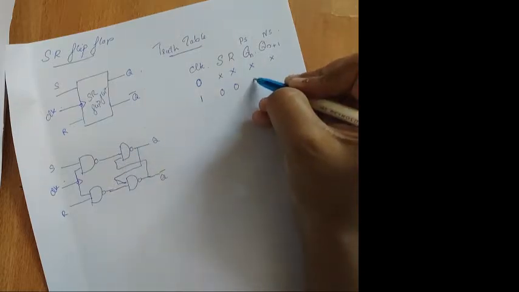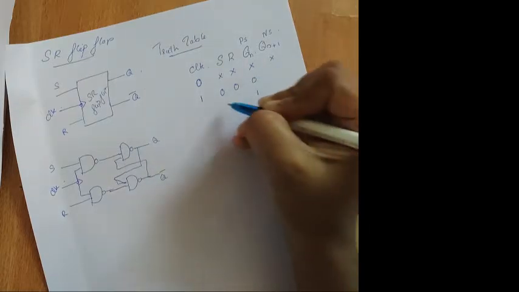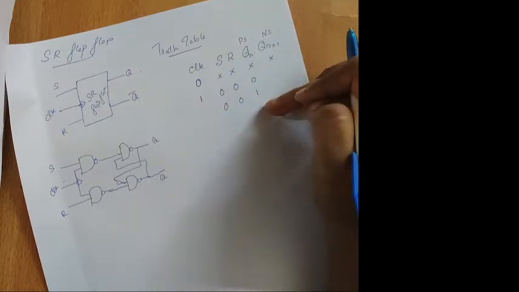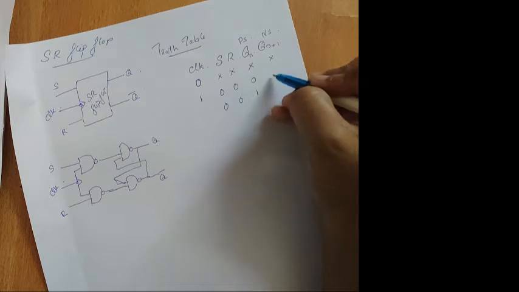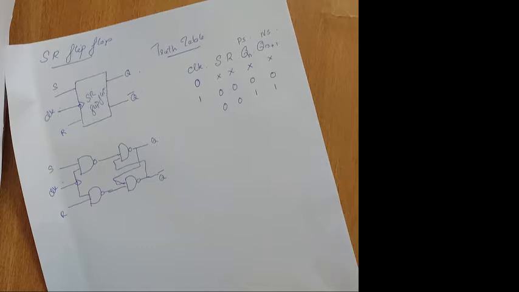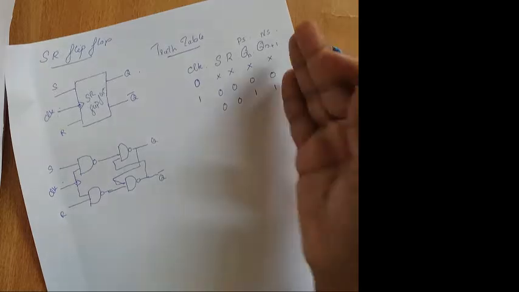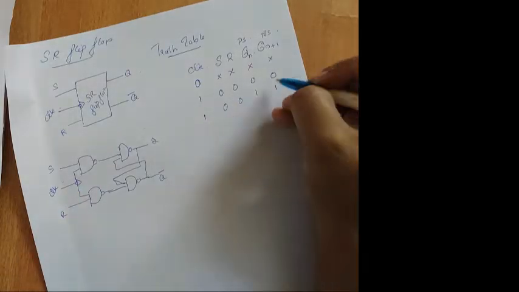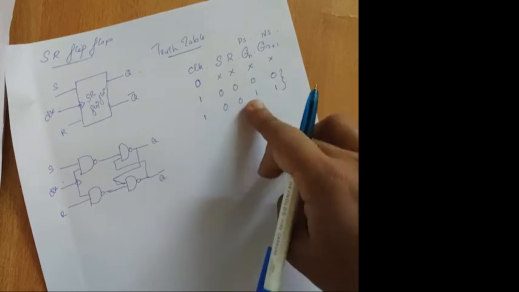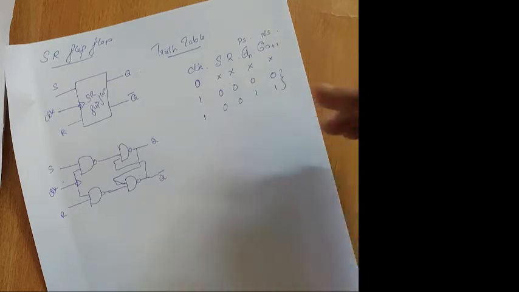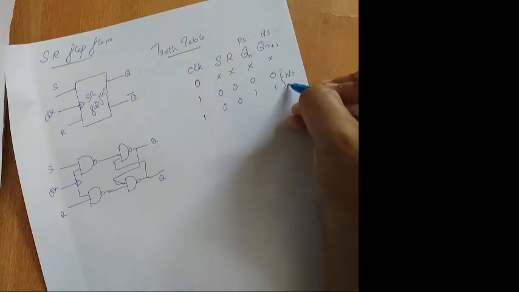The present state can be either 0 or 1. The output depends upon the present state, so it also remains 0 or 1. Okay, I will show you how it works in a diagram. Look, the present state is the same as the next state also. So you can say there is no change.